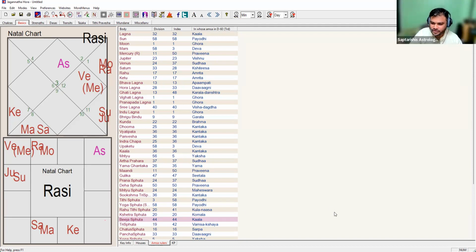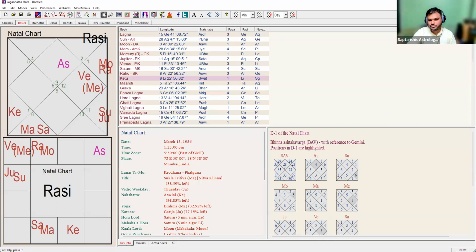How to calculate Bidasputa? Maybe you can read about these things. That Bidasputa is also in the Kala, I'm sure. So that particular happiness is not there. Maybe some IVF or some other medical intervention is needed.